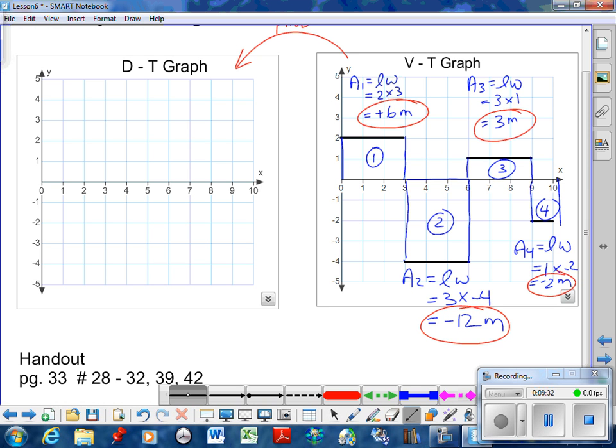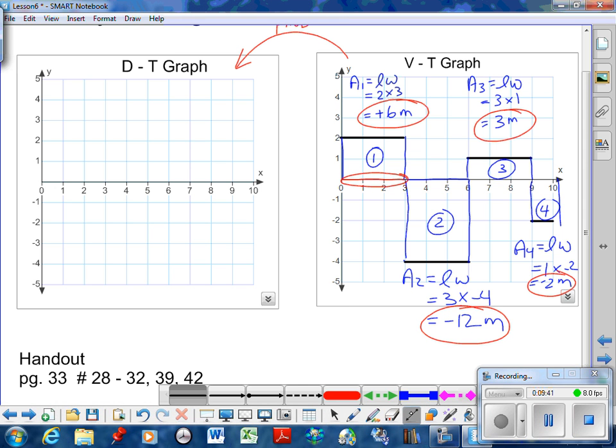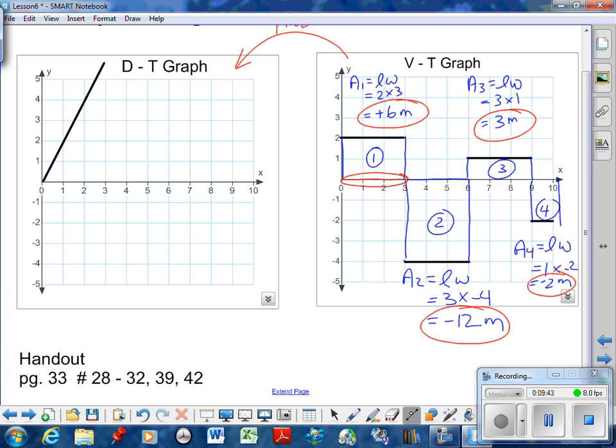And in the first 3 seconds, and I'm getting 3 seconds from here. This is the length of time for the first segment here. First 3 seconds, I have to move 6 meters forward. So my line is going to look like this. So yeah, it does go off the page a little bit. So we'll just add that on. 6. So there we go. There's our first displacement.